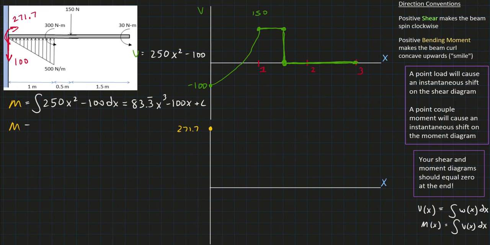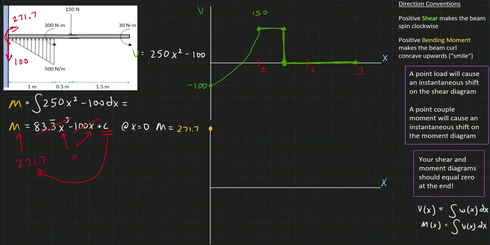So that will be my moment equation. Got to figure out what that c is. We know at x equal to 0, my m is that 271.7. So I plug in 0 for my x's, that 271 for my m. Those zeros will destroy these guys, which means c basically has to be that 271.7.